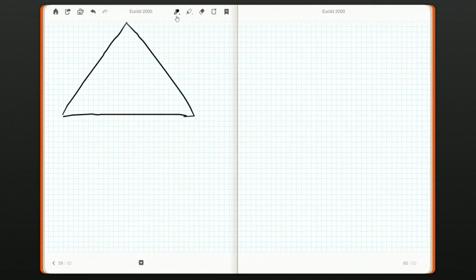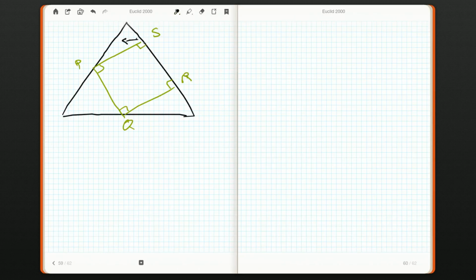So here's A, B, C, and we'll put the square in green, I guess. So this is the square as we currently have it. R, Q, and P. Okay. And then S is going to head this way.